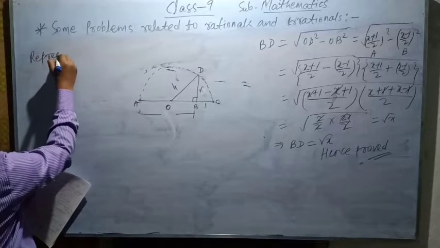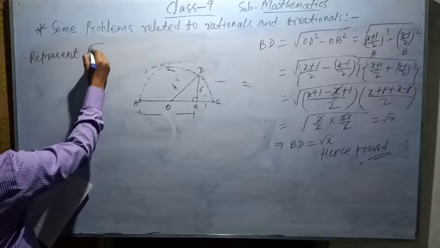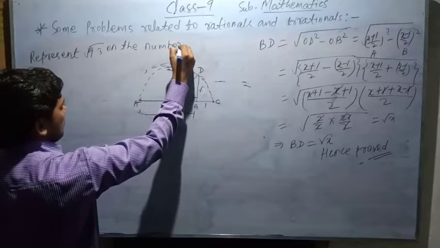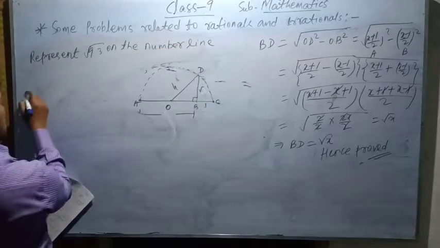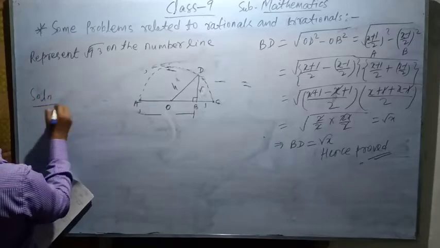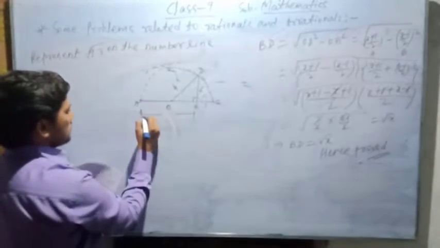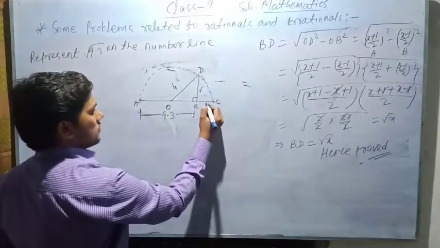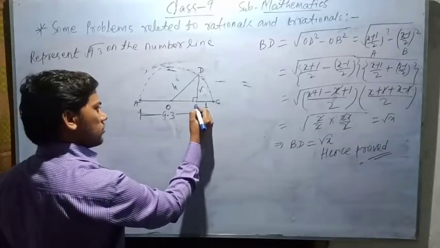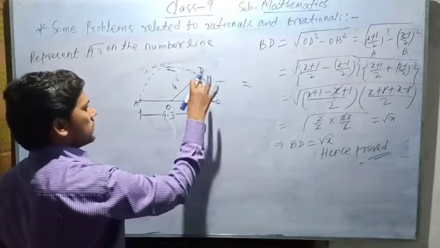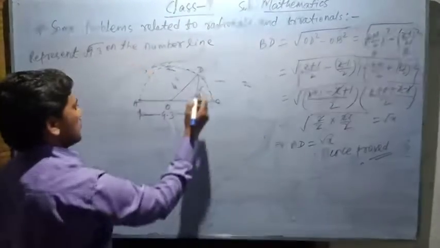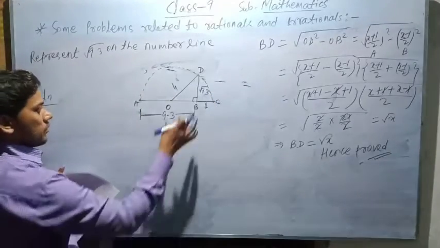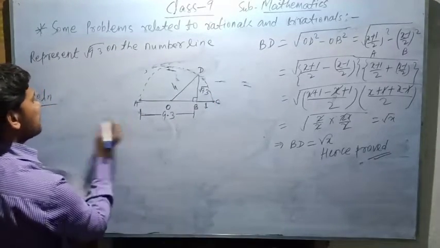Represent under root 9.3 on the number line. For representing under root 9.3, in the place of x you have to take 9.3. BC is always equal to 1 unit. In this question BD will be under root 9.3, which you have to represent.